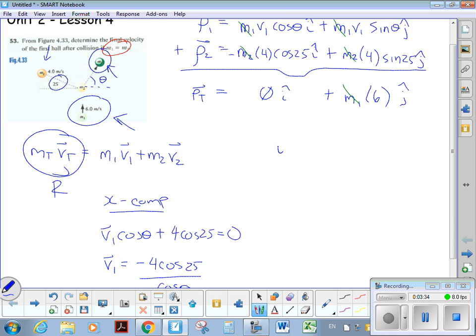look at my y component, see what that gives me. So my y component is v1 sine theta plus 4 sine 25 equals 6. So I can do a little bit of isolation here. So 6, take away the 4 sine 25.